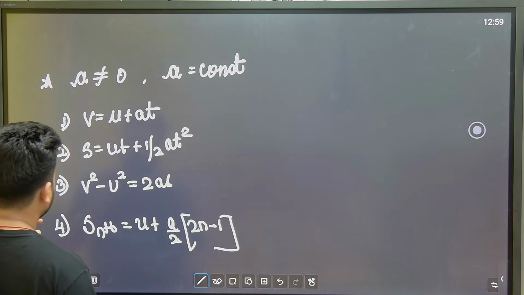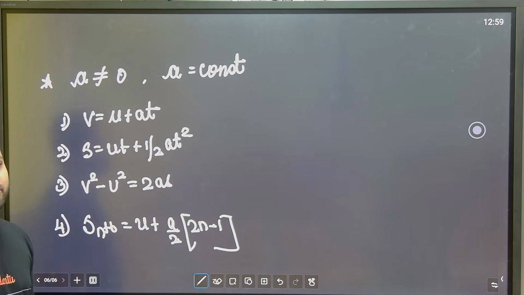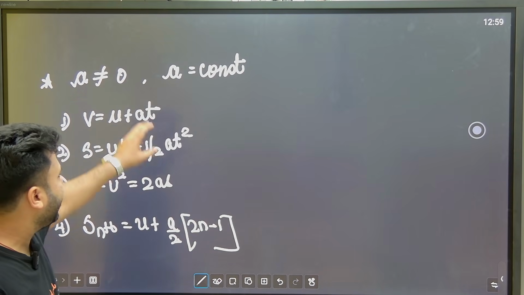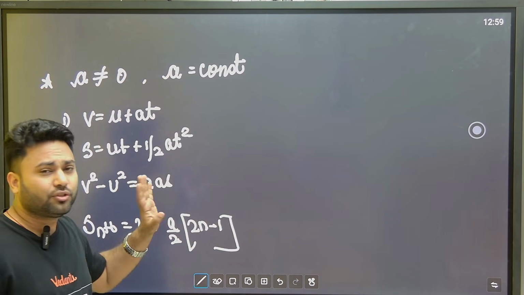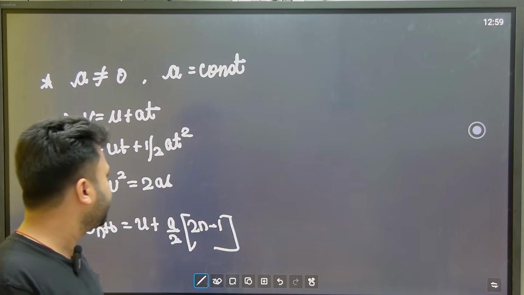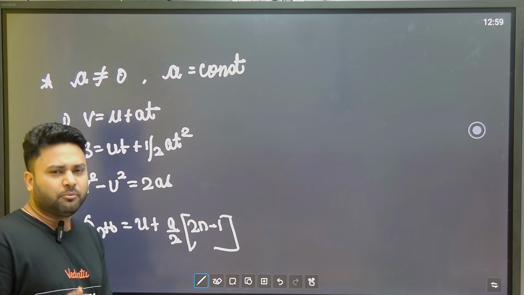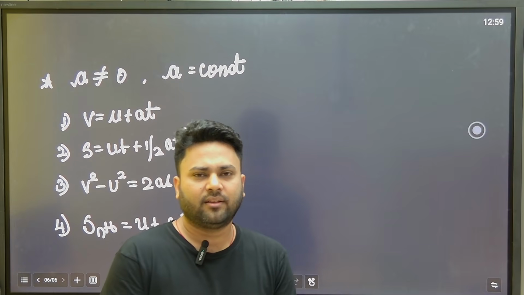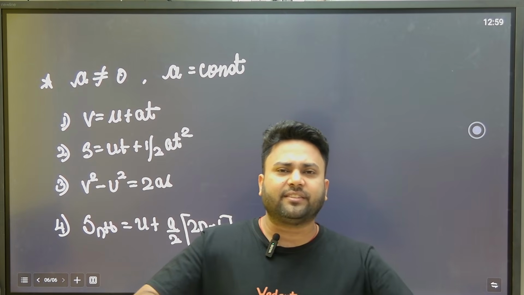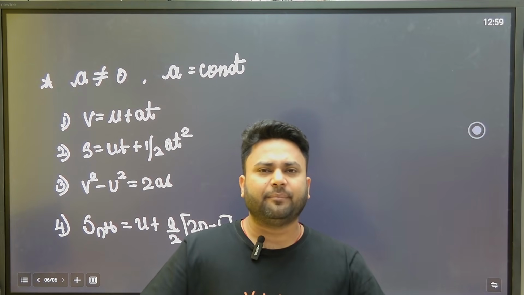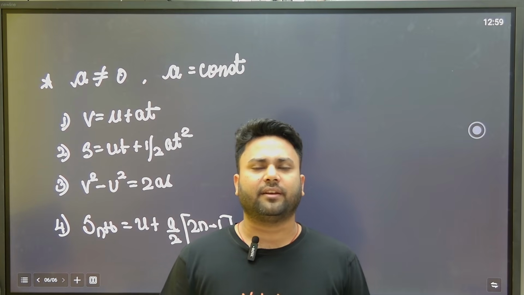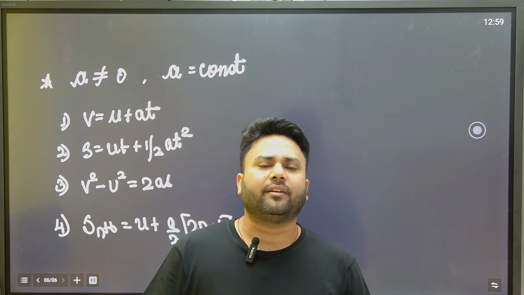Now, you all must be aware of all these formulas. So, if there is acceleration and acceleration is constant, we can write this. Acceleration you must be knowing now. What is acceleration? If you are riding a bicycle, you are maintaining some speed, 30 meter per second, and again you accelerated.